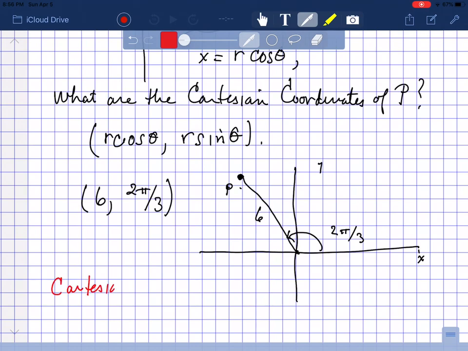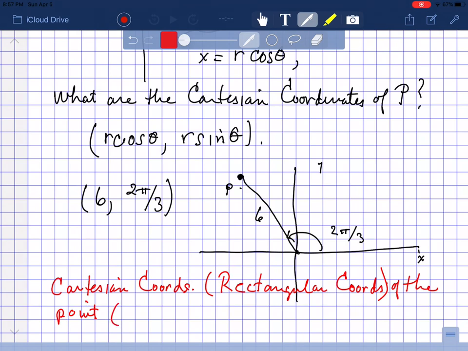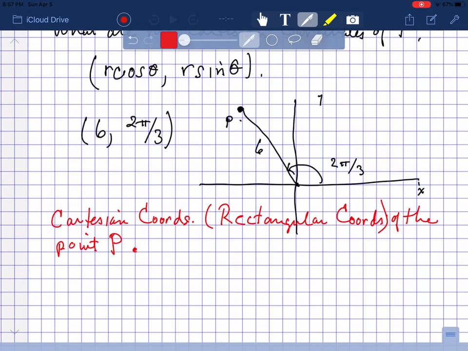And now I want to find the Cartesian coordinates, which other people call the rectangular coordinates, of the point P. Well, in this case, r is equal to 6 and theta is equal to 2 pi divided by 3.